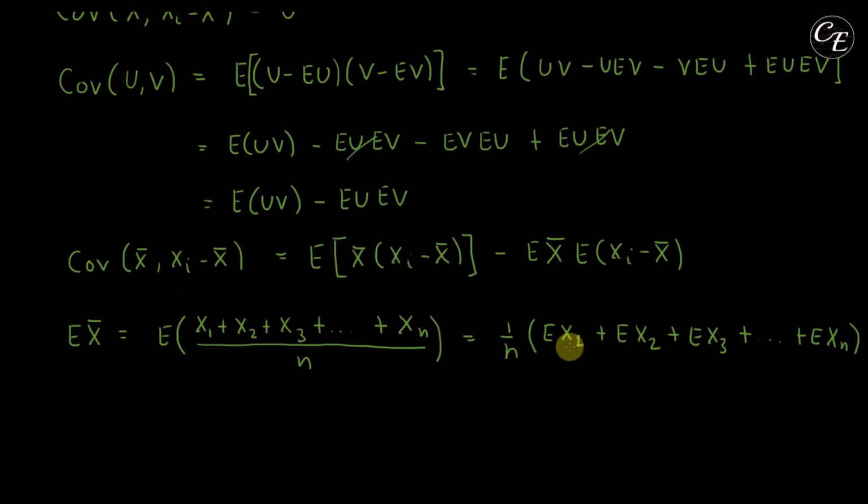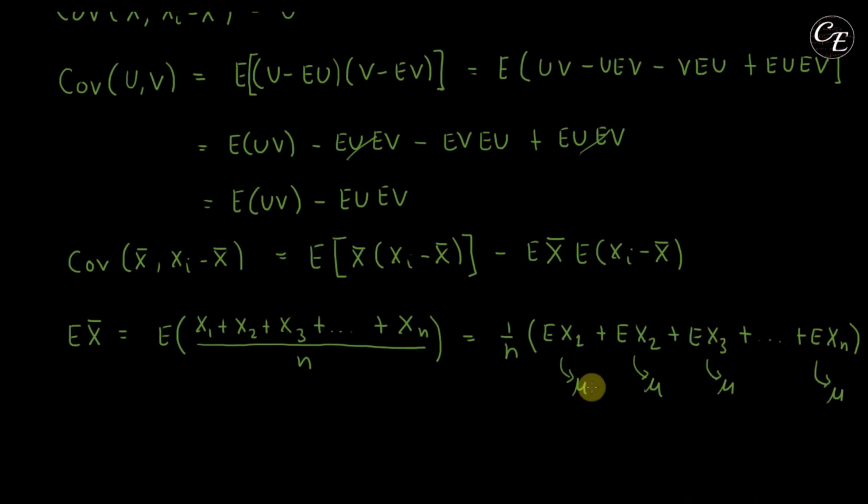In here it is a population mean of x sub 1, and since x sub 1, x sub 2, x sub 3 until x sub n have the same distribution because they are IID, then we can designate each population mean as mu. So this is again mu, and also this, etc., until this.